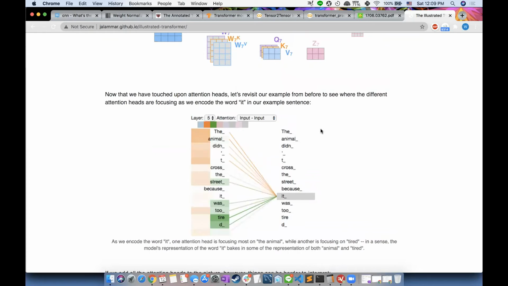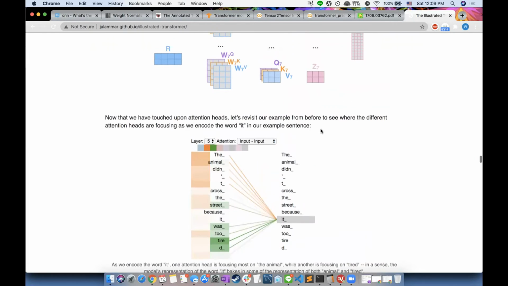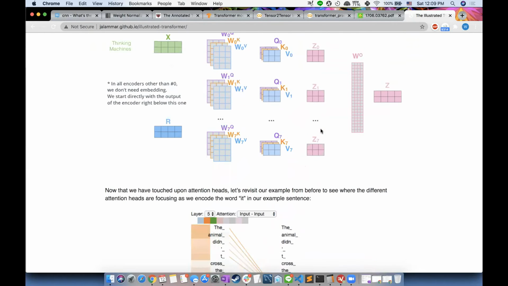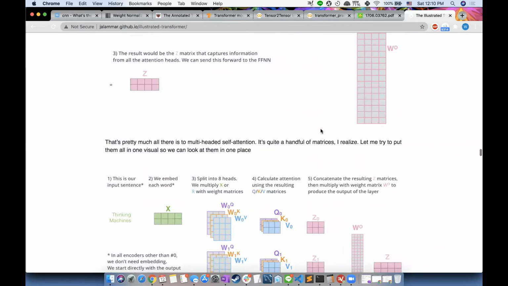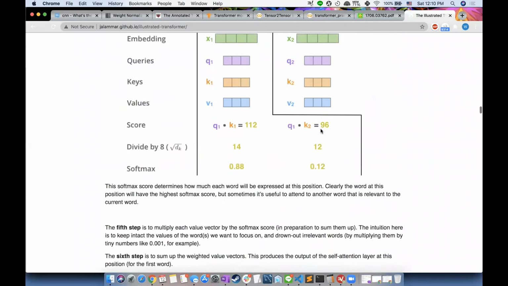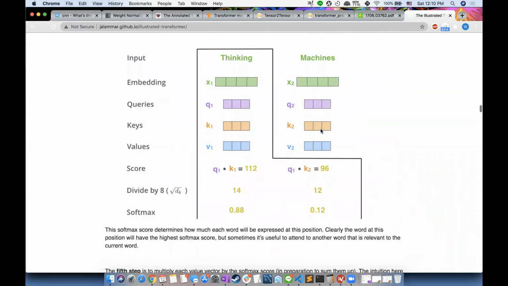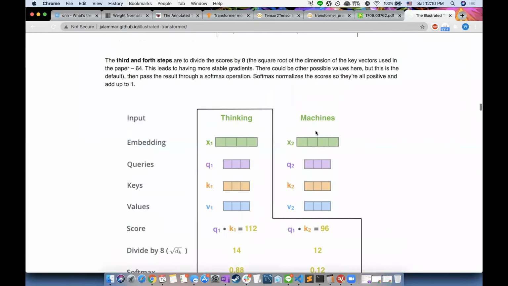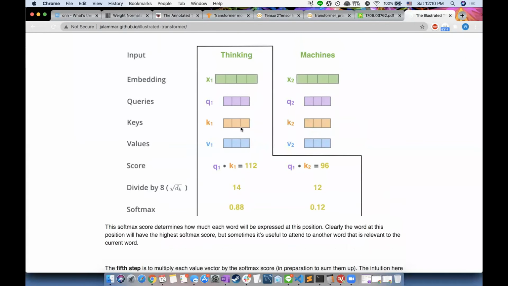Maybe you'll be explaining this at a later stage. What's the difference between query, key, and value? Or did you already explain it? Key and value vectors are fed to the decoders, and the query vector is not.